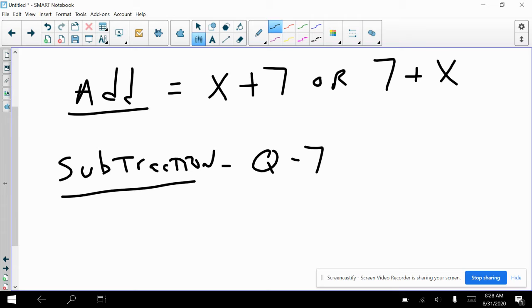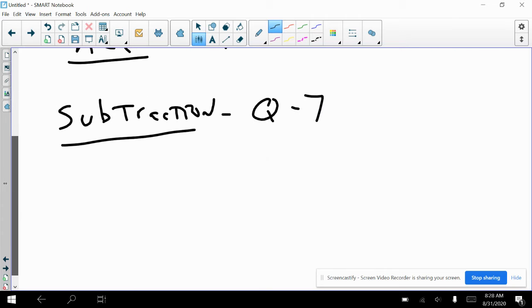So far, so good. The way the subtraction expression is written is the way that you have to keep it. All right, we're going to skip multiplication. We'll come back to it. Don't worry, because that's the hardest one.